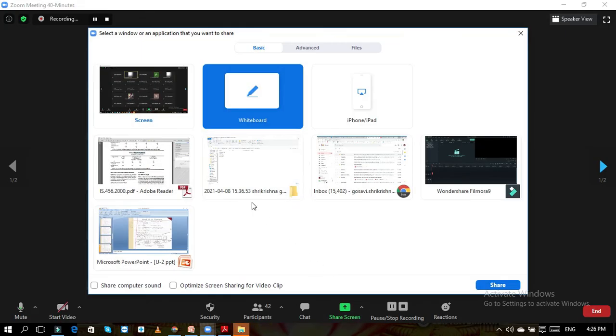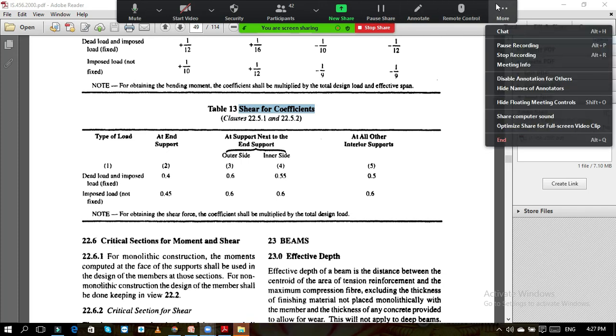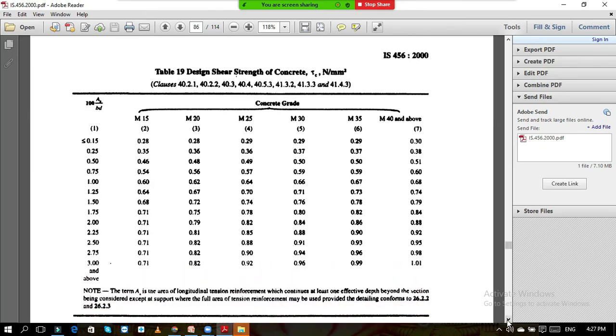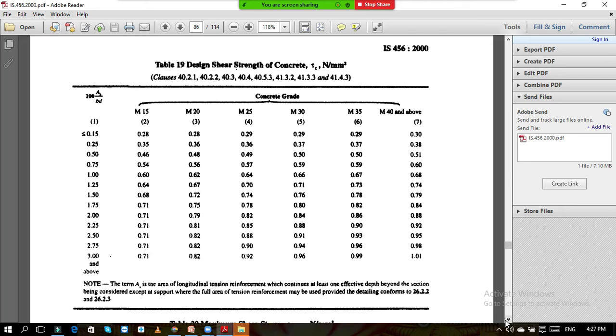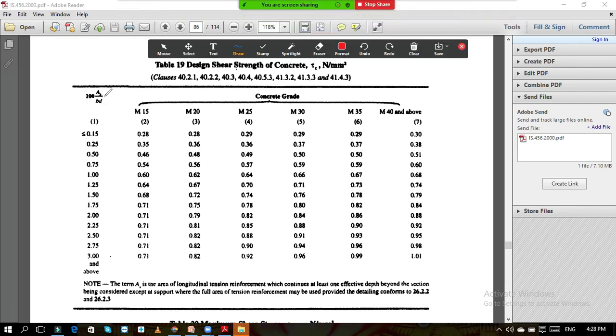So go to the IS code again. These are table number 13. So we have to move to table number 19. This is your table number 19. Now from this table, we are going to calculate the value of permissible shear stress, that is allowed shear stress. So this is our percentage of steel, 0.39%. 0.39% comes between these two values.